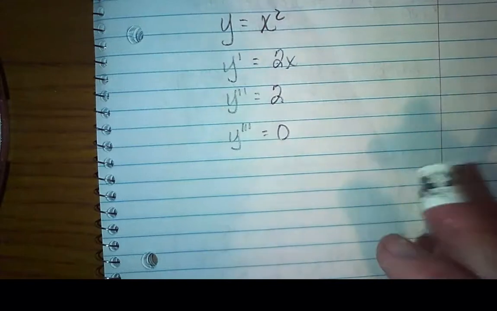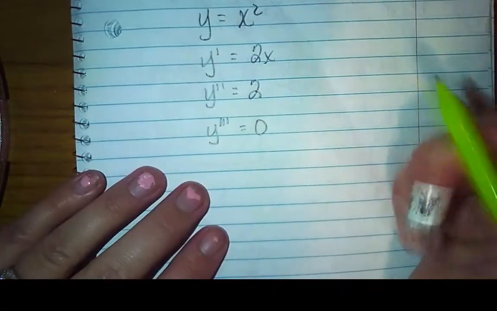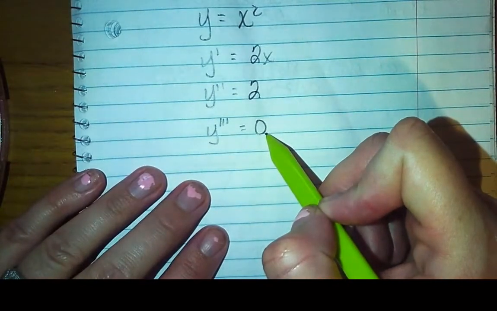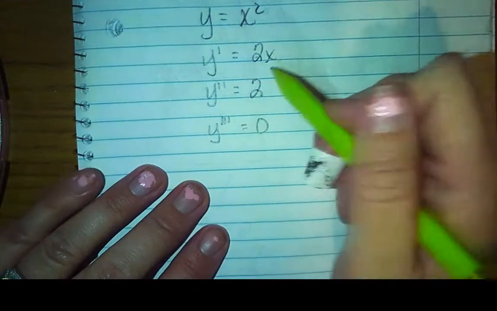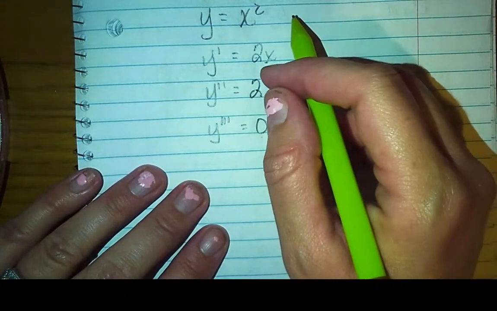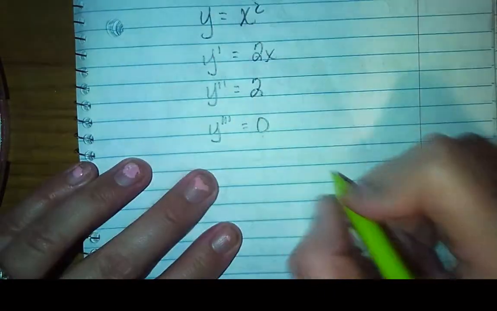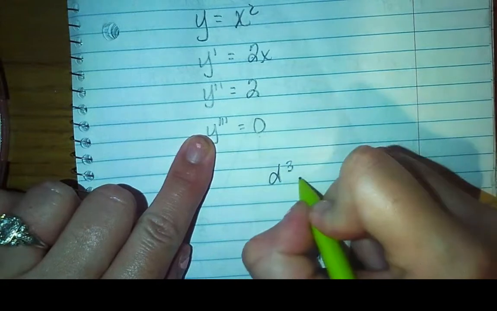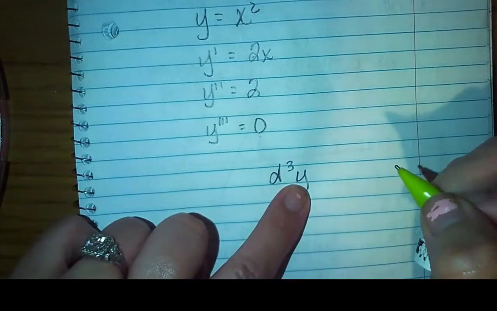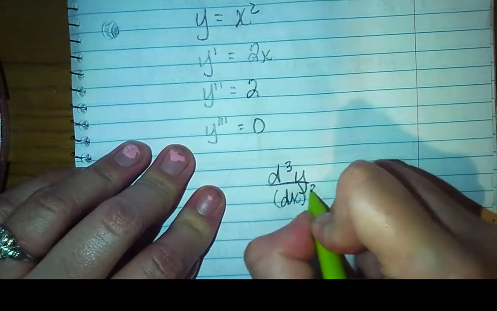This notation is going to come into play very much in Cal 2. But what you need to know is this. If we are dealing with y's and x's, I could rewrite this and say my third derivative in terms of y will reflect dx cubed.